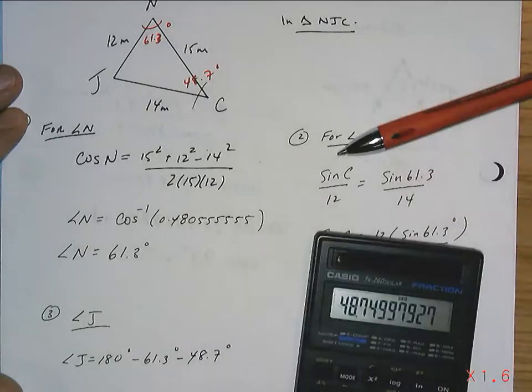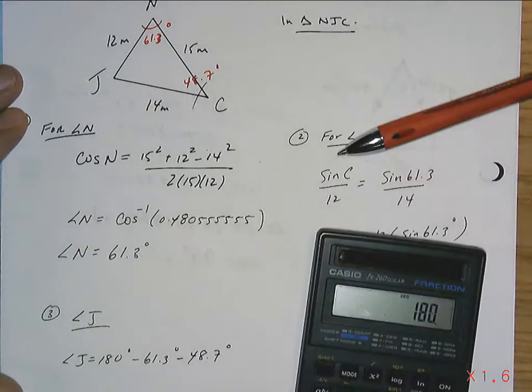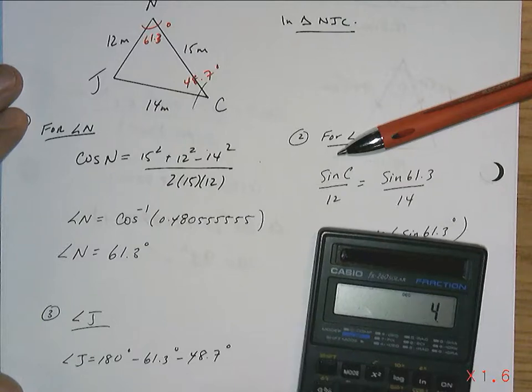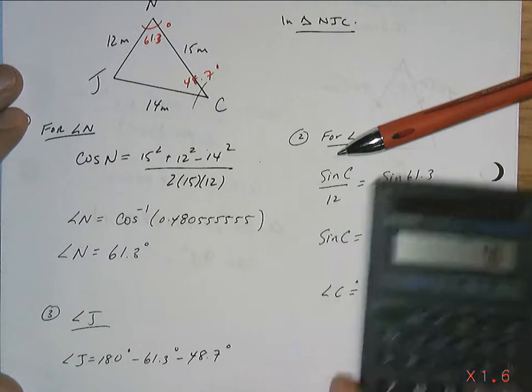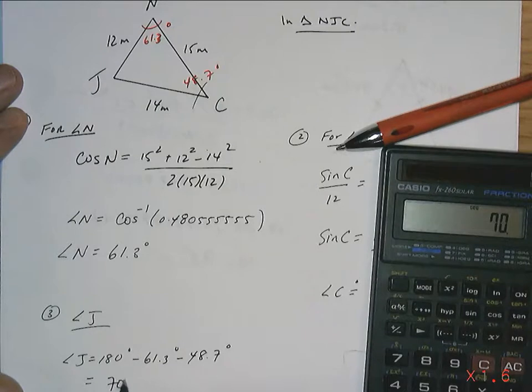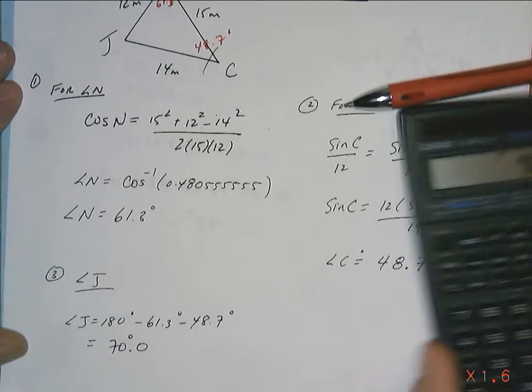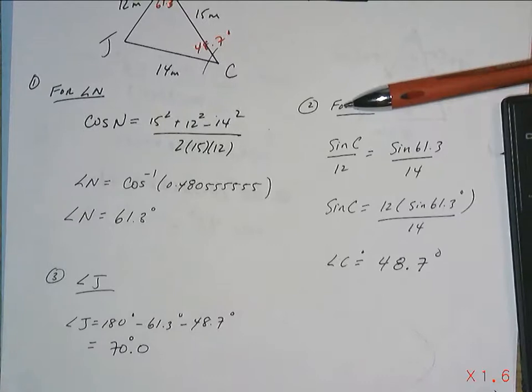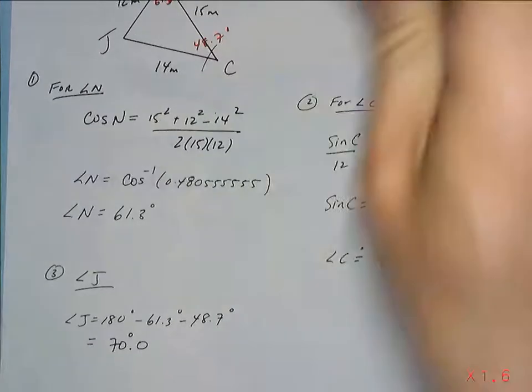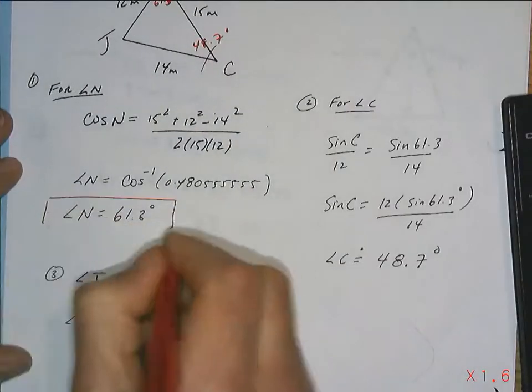Using our calculator, 180 subtract 61.3 equals, subtract 48.7 equals, we get a nice round answer of 70. And we want to show that we're accurate to 1 decimal place, so it's 70.0 degrees. There are your 3 angle measurements for the triangle.